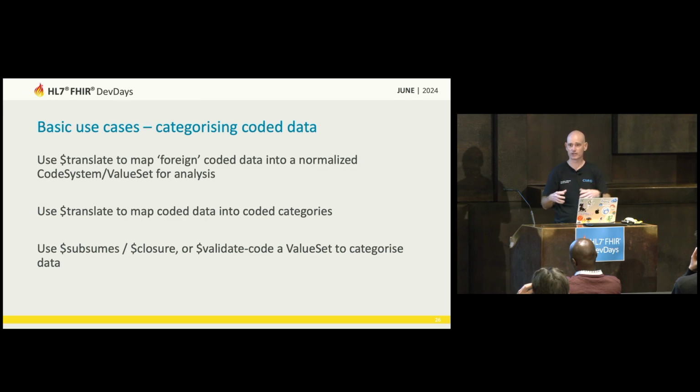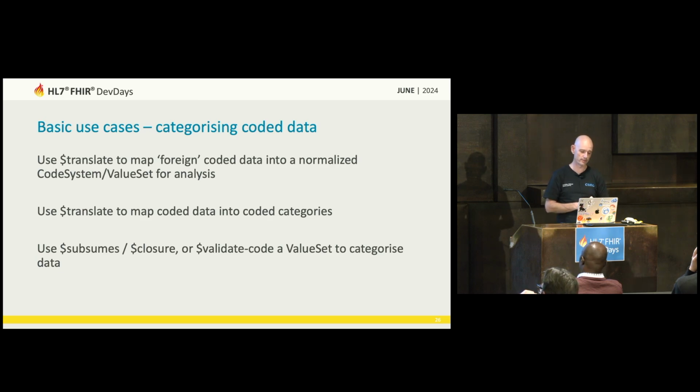They're mapping directly to the analytic category codes, and their analysis is much simpler on the coded data result. Or you could use subsumes or the closure table, which is in the next presentation, to chop up and analyze your data based on the hierarchical relationships that exist within the code system itself.